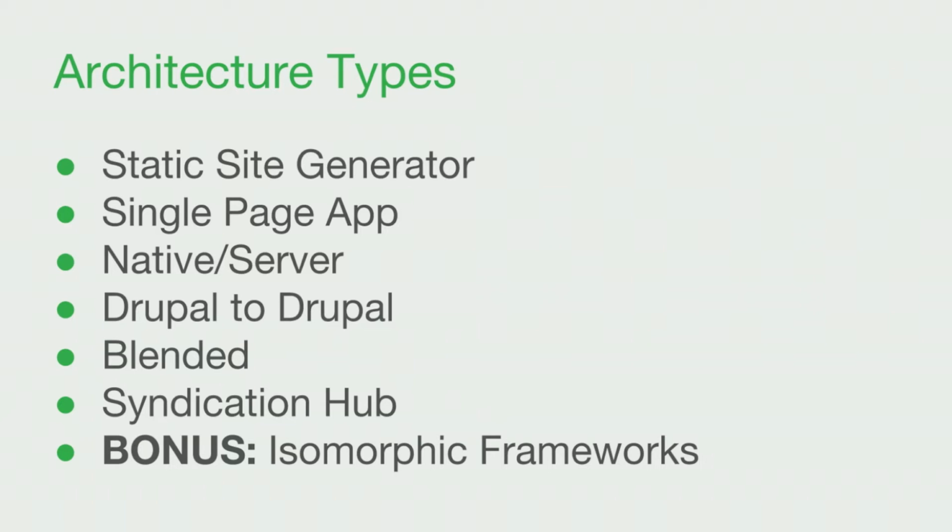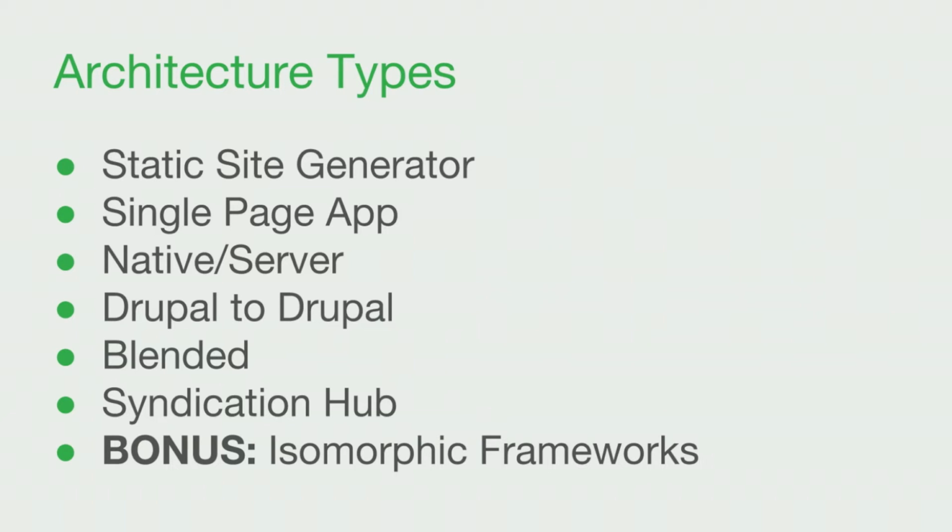An architecture that I actually don't have an example of, but I'm really intrigued by, which is a Drupal site that is communicating to another Drupal site. A blended architecture where you're pulling this content together, where you're attaching an API for various reasons to an existing site that is serving its content in a more traditional monolithic way.